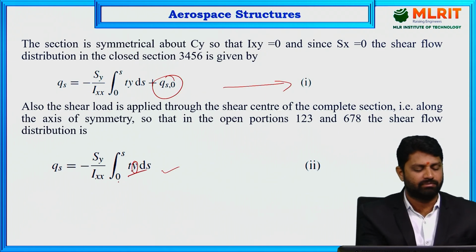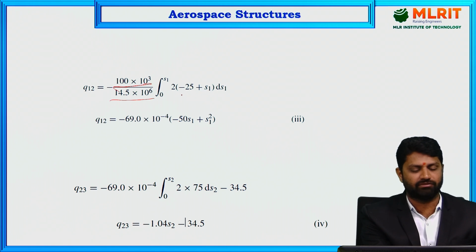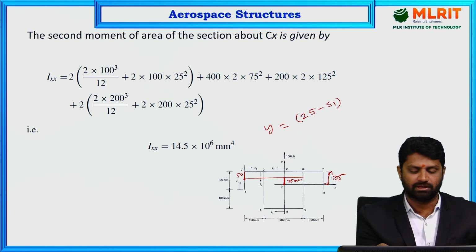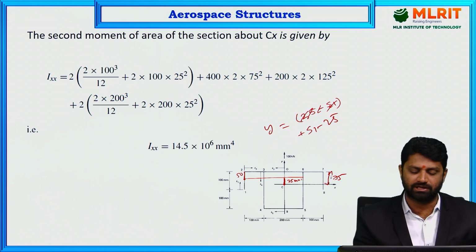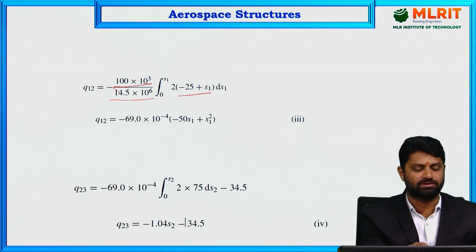When we substitute it in the formula, minus Sy, which is 100 kilonewton, divided by Ixx, which is 14.5 into 10 power 6, integral 0 to 1, where 2 is the thickness, and then minus 25 plus S1 is substituted here. As we discussed, S1 is greater here, so you consider S1 as positive and minus 25, so plus S1 minus 25 into ds1.